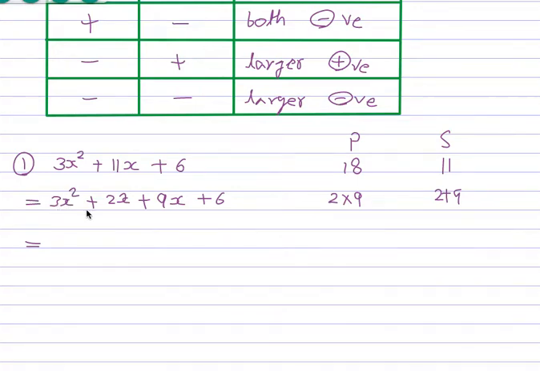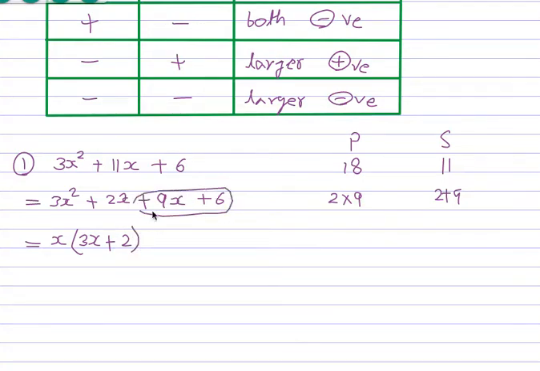Okay, now here there are 4 terms, so we can use the factor grouping method. From the first 2 terms we can take common, what should we take common from here? Just x. So 3x and one more x here left, you've already taken out x, so here just left 2. Okay.